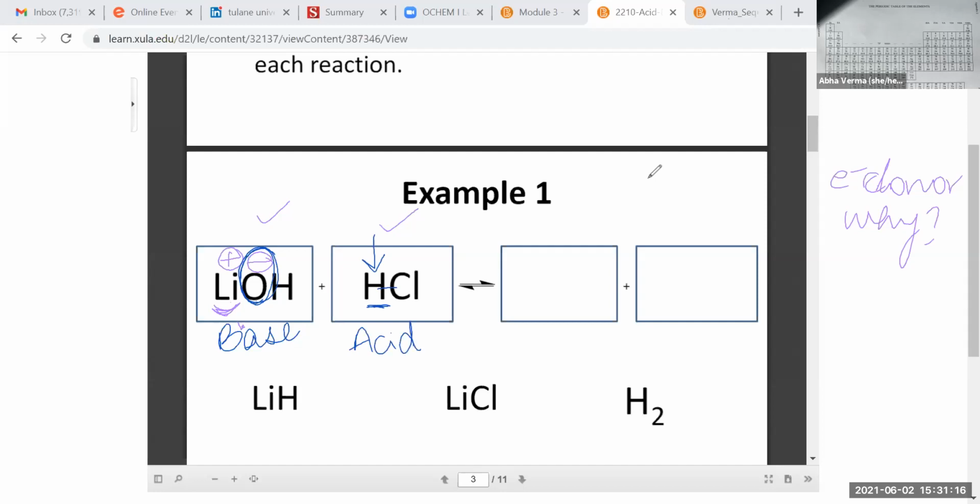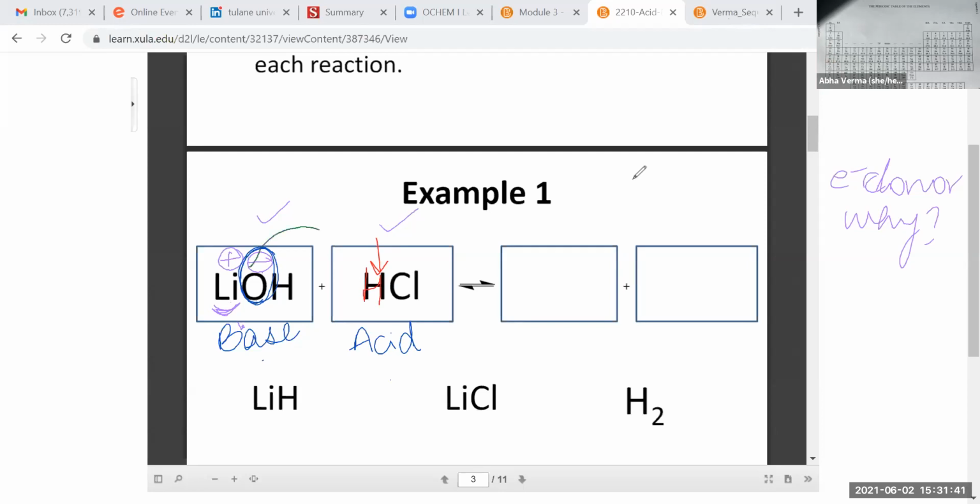So what is the next thing that you have to do? The next thing that we have to do here is, after we have labeled our acid and base and figured out our sites of acid and base, the next step is the reaction mechanism.